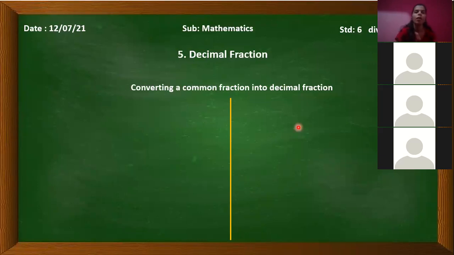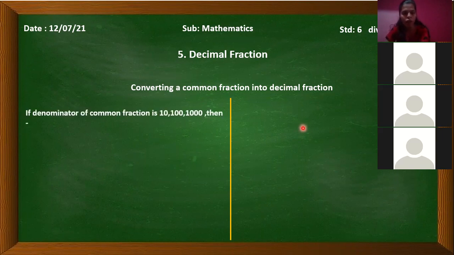Yes, ma'am. Now we have to convert common fraction into decimal fraction. Like if there is a number called 1 upon 2 or 726 upon 10, then we have to convert into decimal, that is point. Decimal is what? A certain point, right?